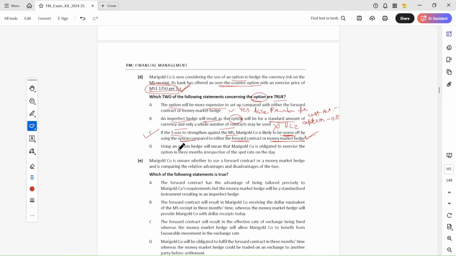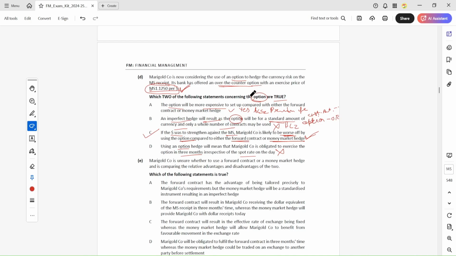Using an option will mean that Marigold company is obliged to exercise the option in 3 months irrespective of the spot rate on the day. No, it is an option, right?